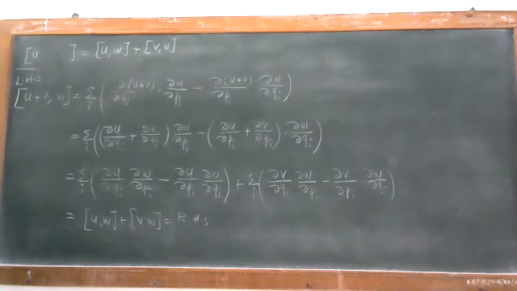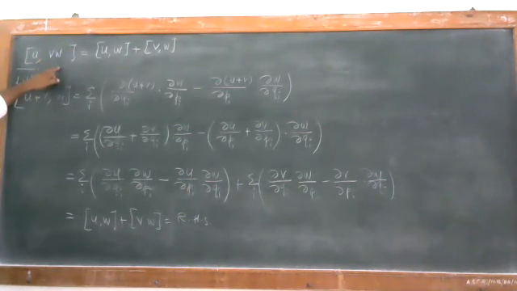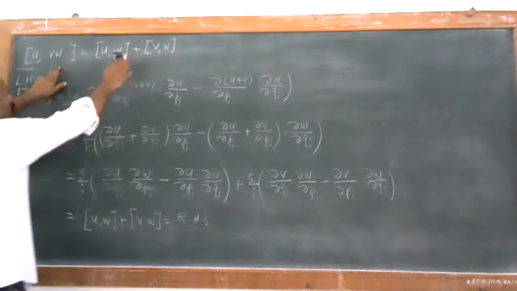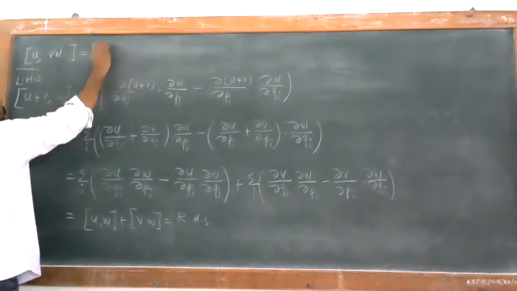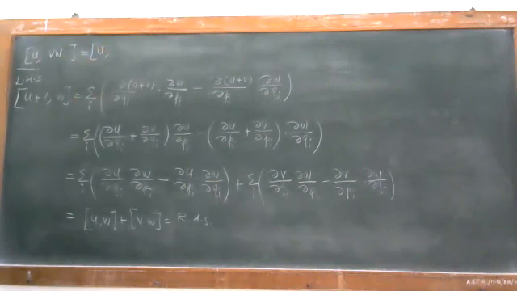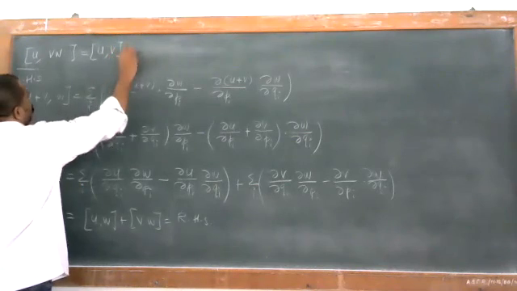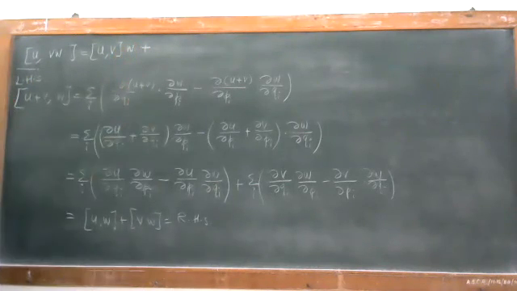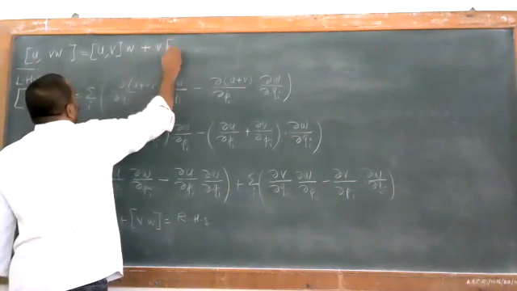The Poisson bracket of uv, w, that is equal to the Poisson bracket of, this can be written like this, the Poisson bracket of u, w into v, plus the Poisson bracket of v, w into u.